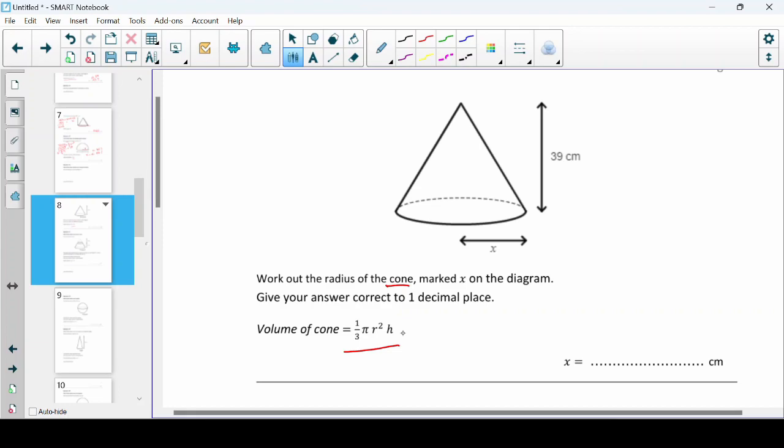So this is r, x square, and the height is 39, and the volume has already been given to us here: 23525.